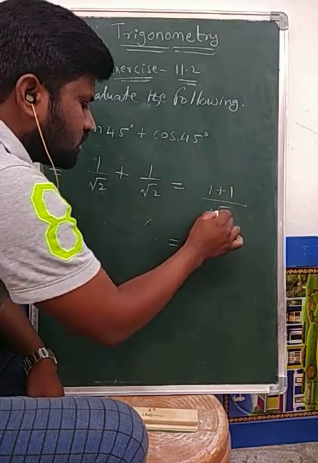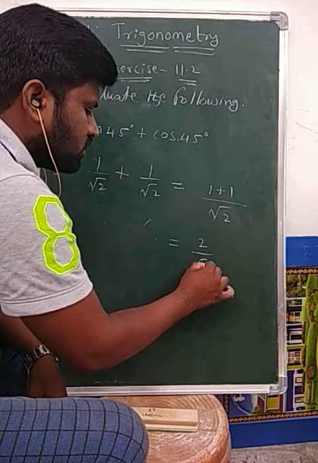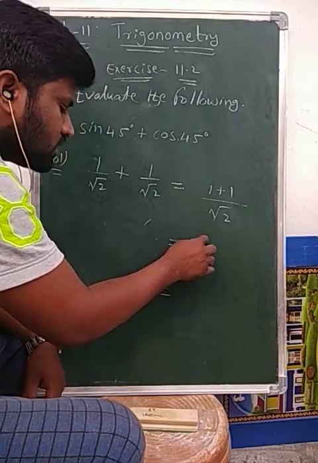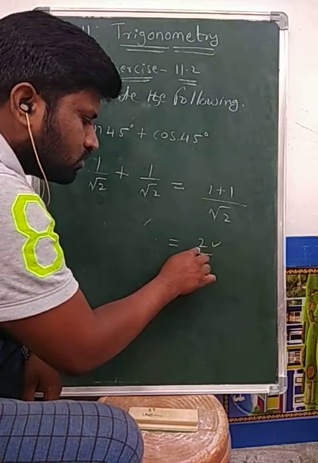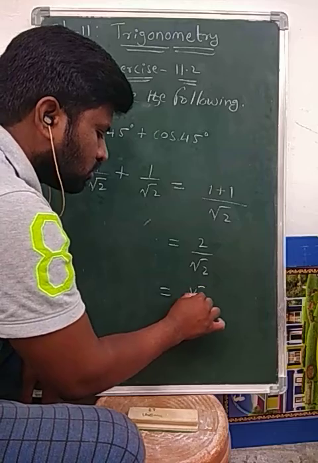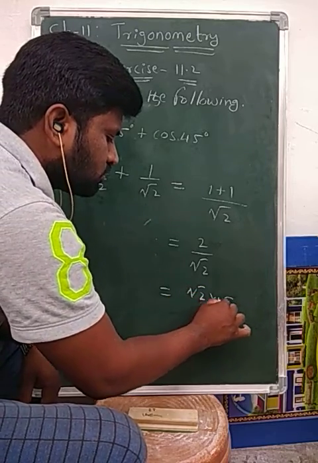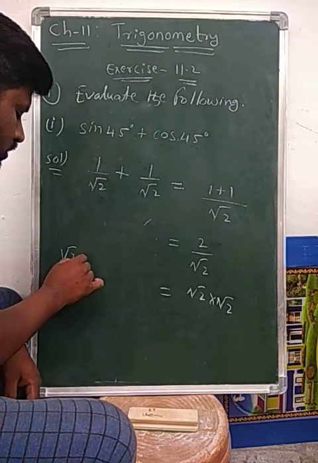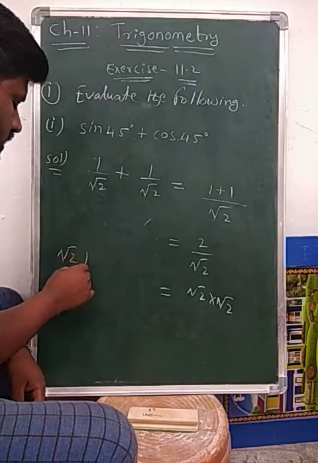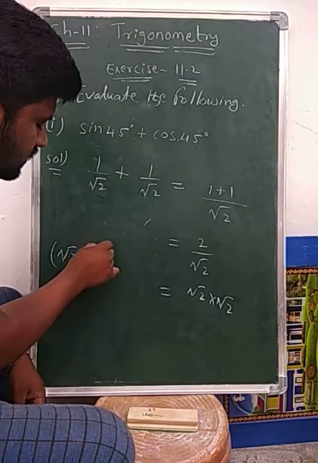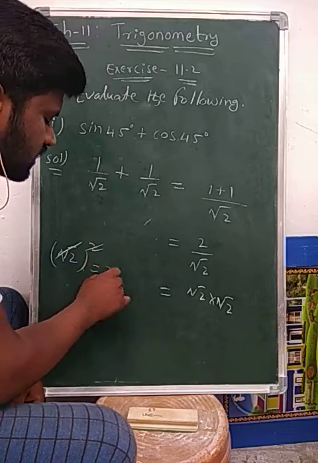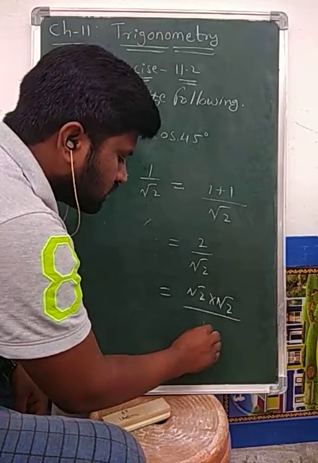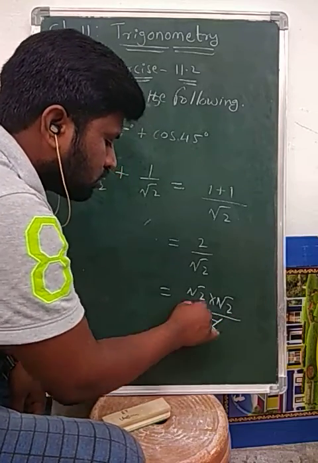So 1 plus 1 is 2, 2 by root 2. We write 2 as root 2 into root 2, because root 2 into root 2 is nothing but root 2 whole square, and the square root cancels with the square, simply giving 2. So we have root 2 into root 2 by root 2, then root 2 cancels.